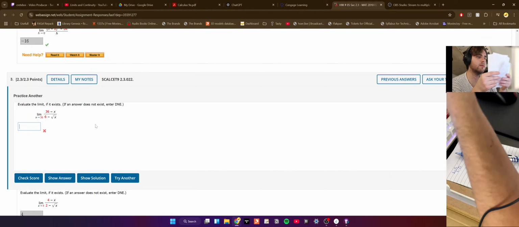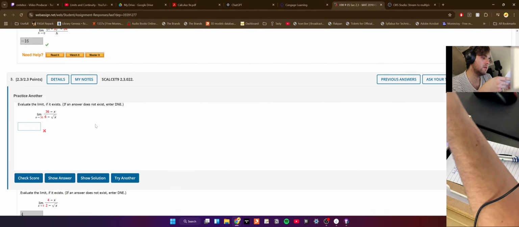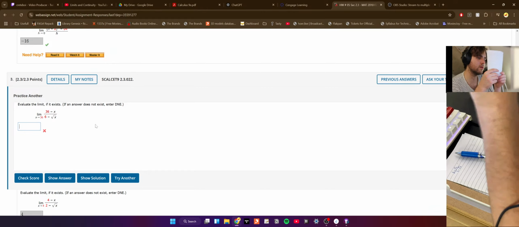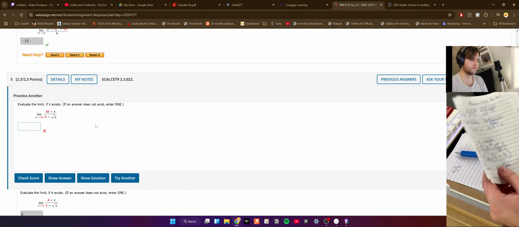Do I have anything in my notes about radicals? Yeah, I do. So this is a similar question. This is what I have written down, just to show you guys.